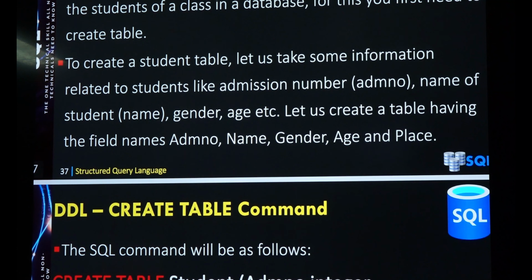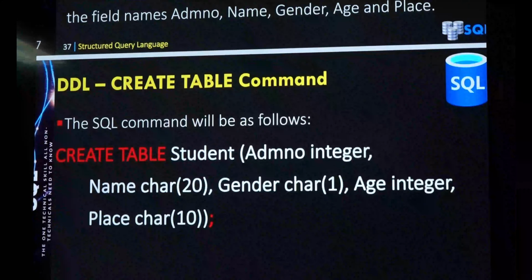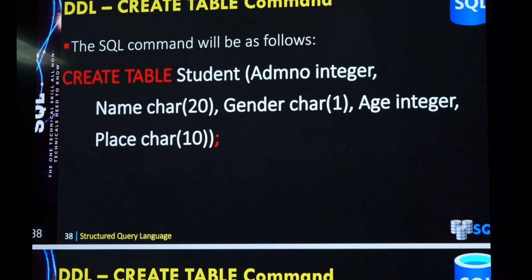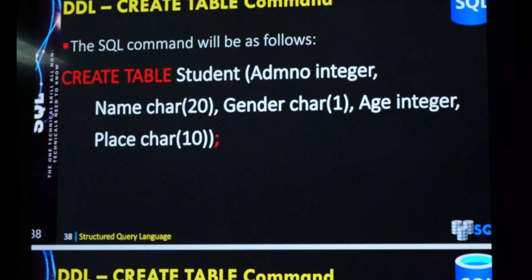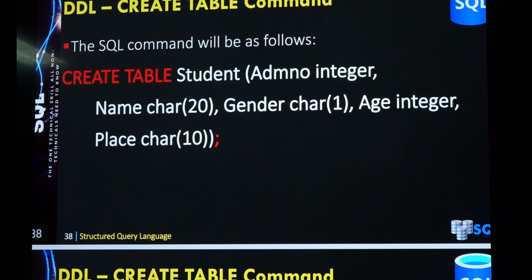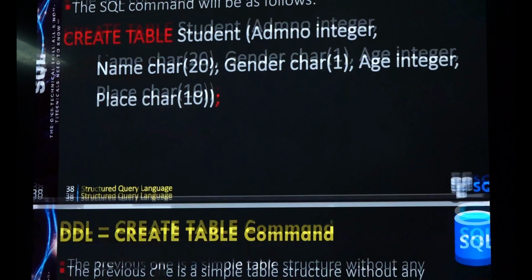Let us create a table having the fields admission number, name, gender, age, and place. Here the SQL command will be as follows. You see the example: create table student, ADMNO integer, name character of 20, gender character of 1, age integer, place character of 10, close the bracket, so the body should be closed, semicolon.